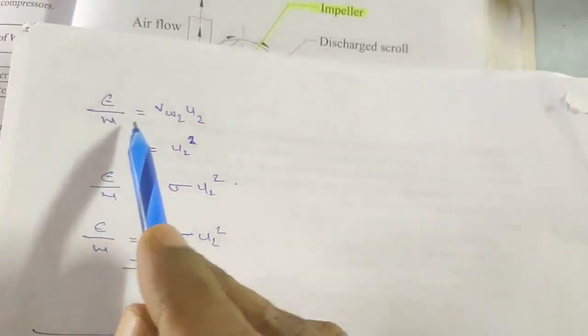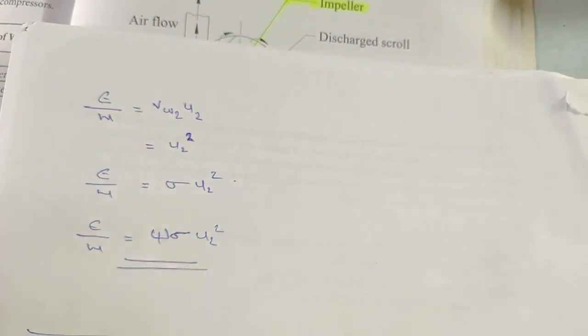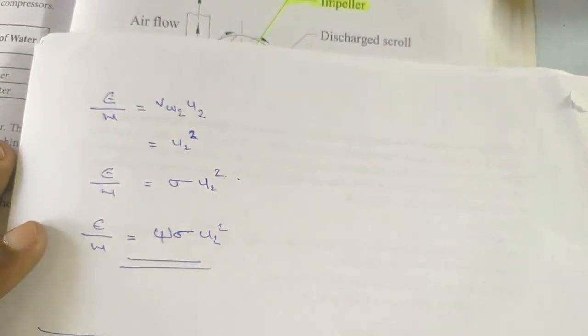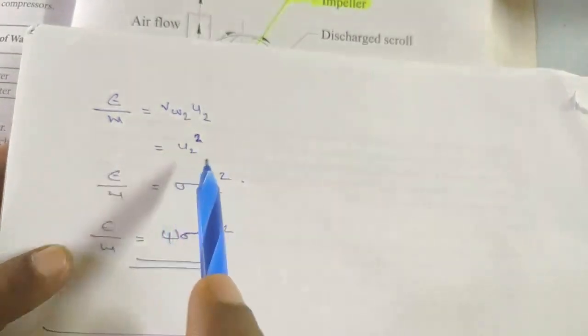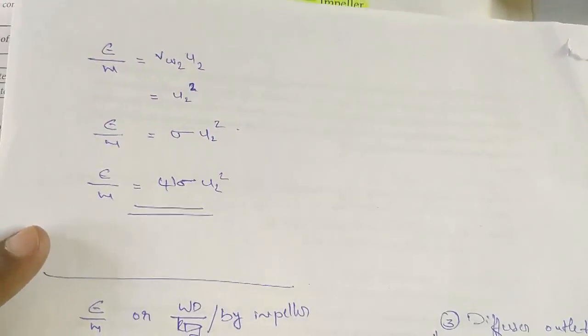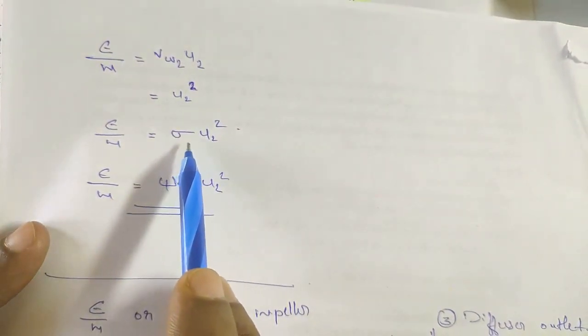First one is Vw2 U2, and theoretically Vw2 is equal to U2 as the air is considered to be discharging radially from the impeller. So it is taken as U2 square. But because of the occurrence of the phenomenon of slip, we have to consider a slip factor, which gives sigma U2 square.